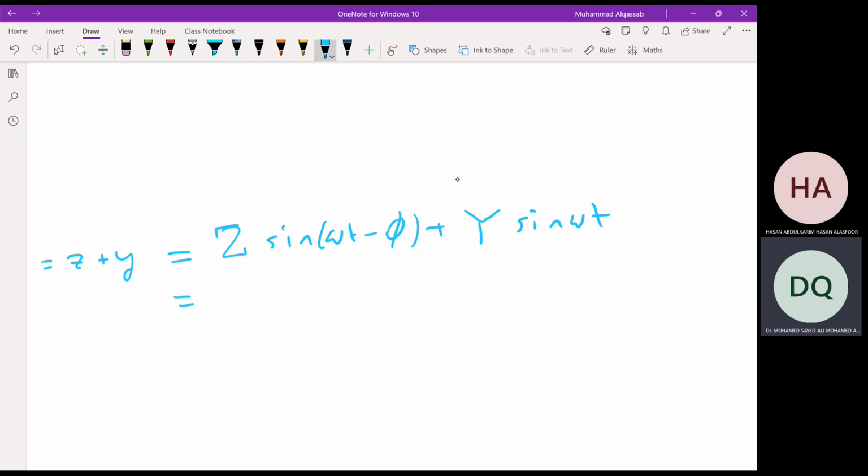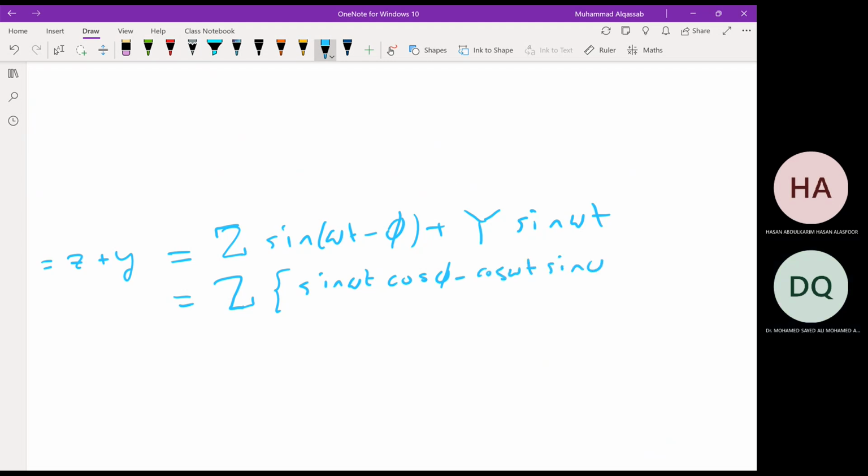So what you can do is use the expansion of sine omega t minus phi into sine and cosine. So this would be Z sine omega t times cosine phi minus cosine omega t sine phi, plus Y sine omega t.